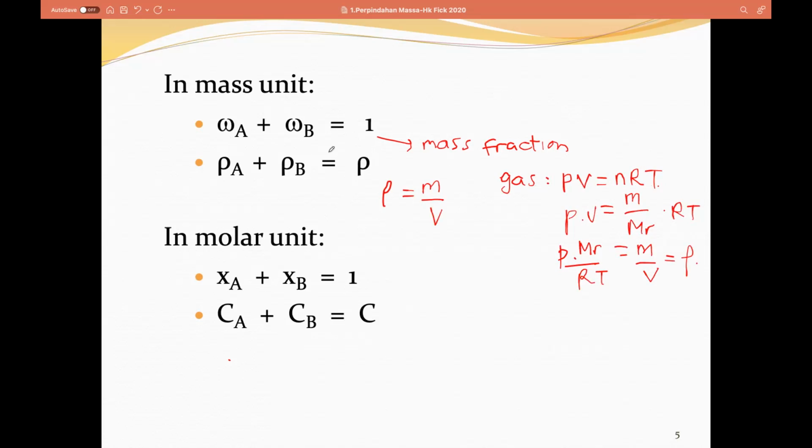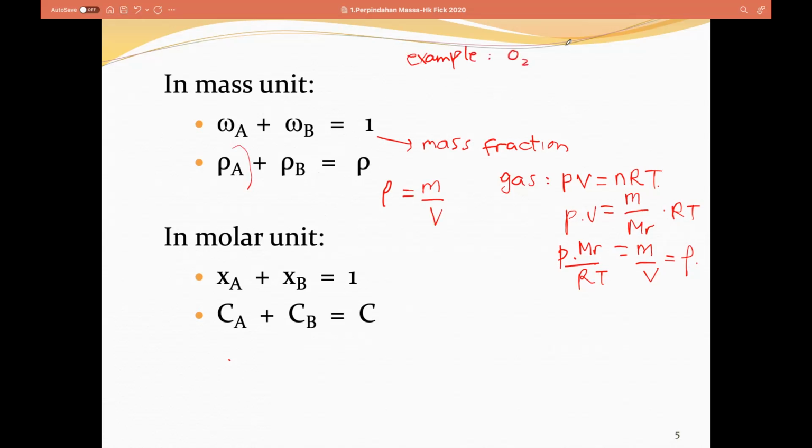But this rho is the density of the mixture. It may contain the density of A plus the density of B. Let's say the density of oxygen is 0.2 kilogram per cubic meter and nitrogen is 0.8 kilogram per cubic meter. Then the density of the mixture, the air, equals 1 kilogram per cubic meter. Let me write an example.